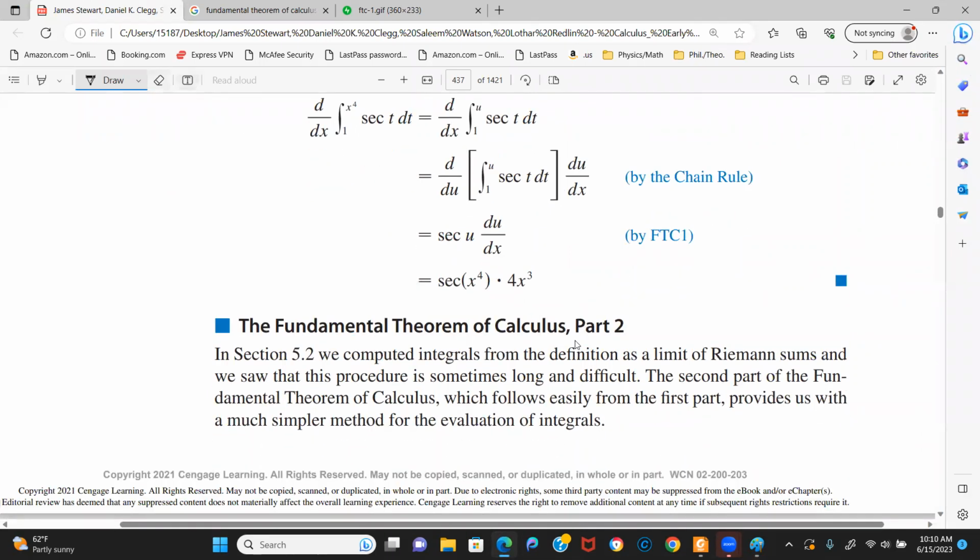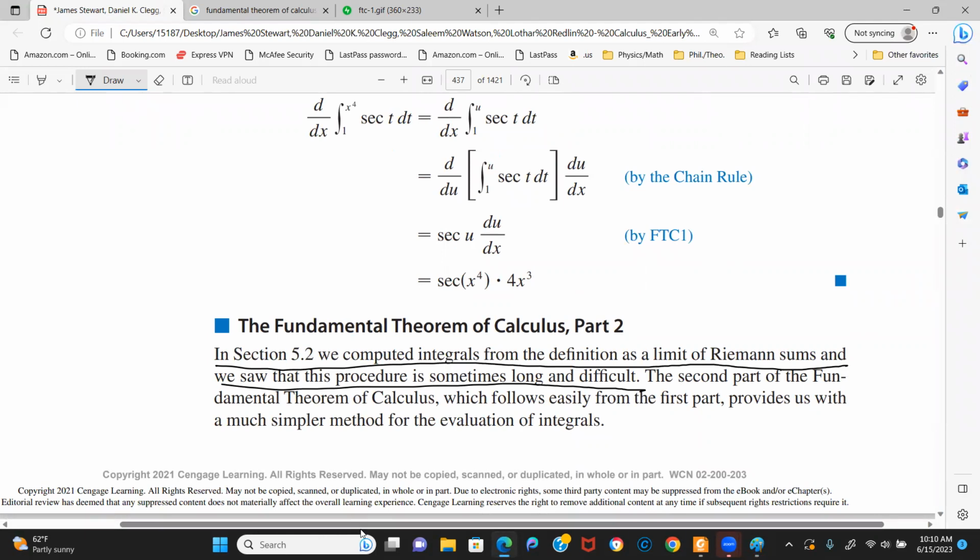So as we noted in section 5.2, we computed some integrals using the definition as a limit of those Riemann sums. And this procedure was in general very long and very difficult, if not impossible. So the second part of the fundamental theorem of calculus is going to be extremely powerful.